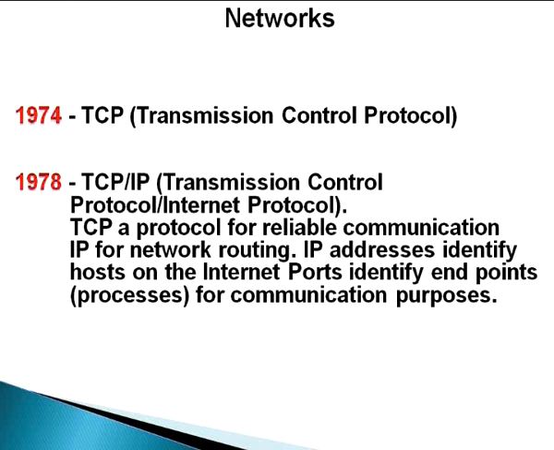IP, Internet Protocol, is for network routing. IP addresses identify hosts on the internet, and ports identify endpoints, that is, processes for communication purposes. So, these are the two developments in the area of networks.